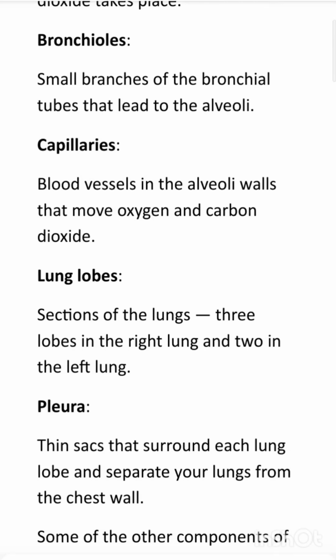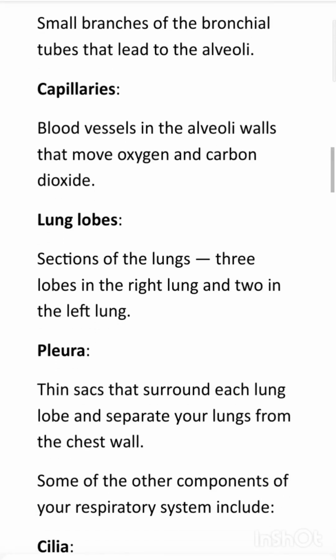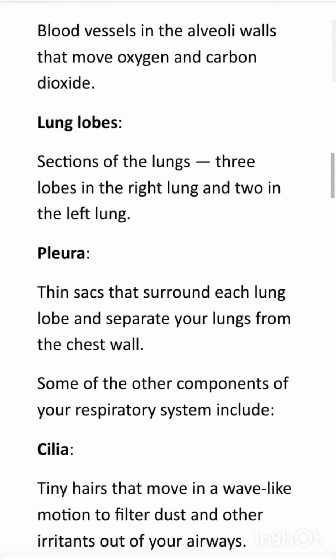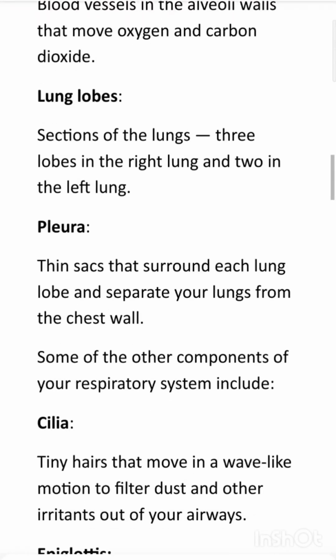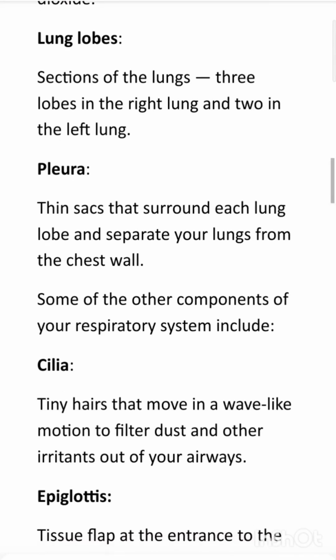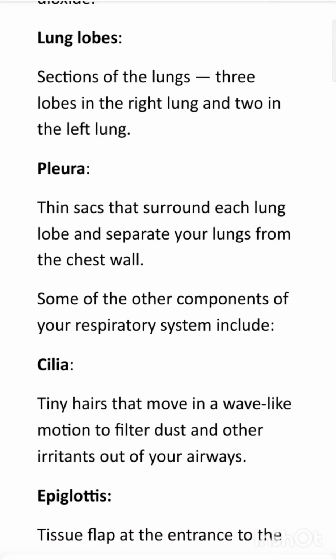Capillaries, blood vessels in the alveoli walls that move oxygen and carbon dioxide. Lung lobes, sections of the lungs, 3 lobes in the right lung and 2 in the left lung. Pleura, thin sacs that surround each lung lobe and separate your lungs from the chest wall.